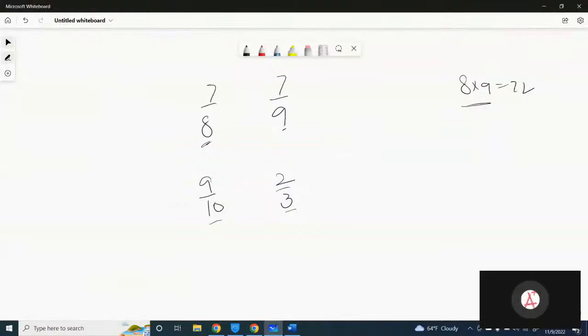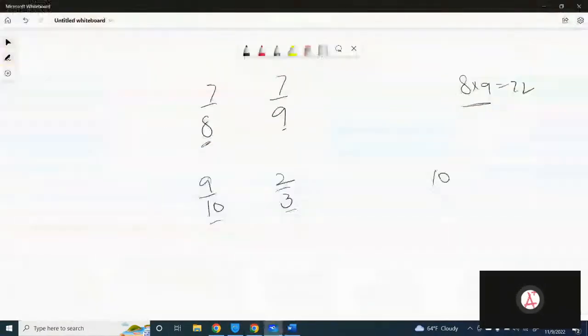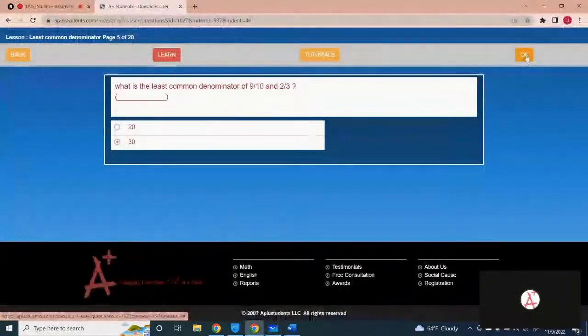So you can simply multiply the denominators. So it would be 10 times 3 is 30. That means the least common denominator is 30. Got it? That is another way. I'm just explaining, if you don't want to write the multiples, it would be the easiest way. 10 times 3 is 30. So the correct option is 30. Got it?